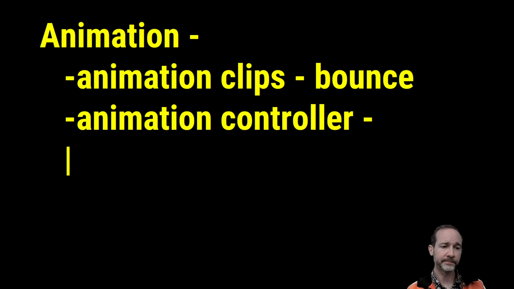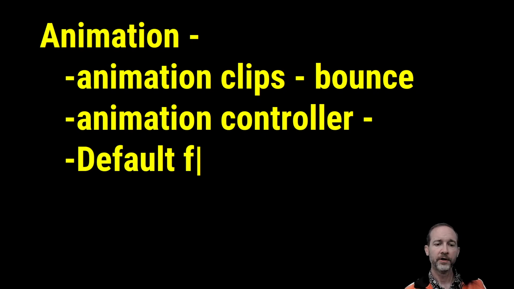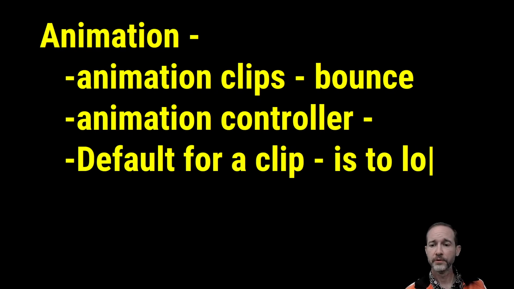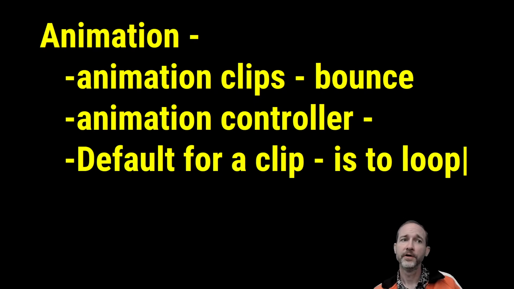And then lastly, different than Blender and different than After Effects is that the default for a clip is to loop. Okay, so again, this is different from Blender and After Effects because there we're just going forward in time, right?